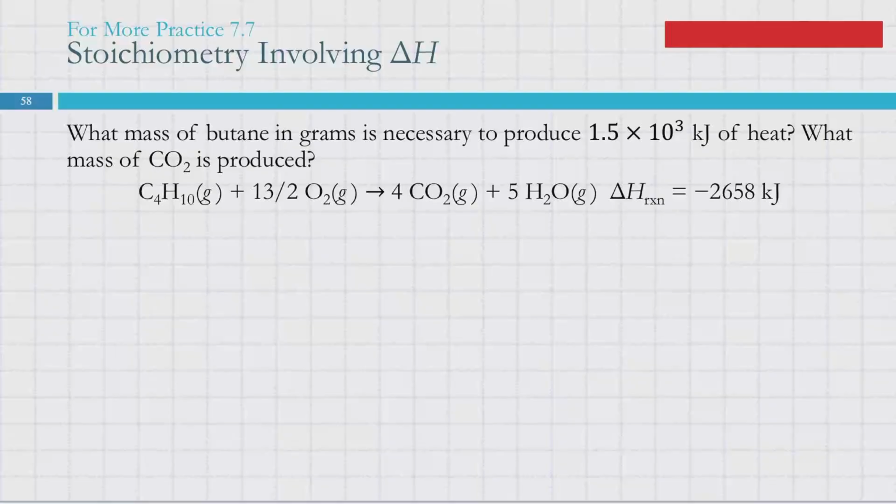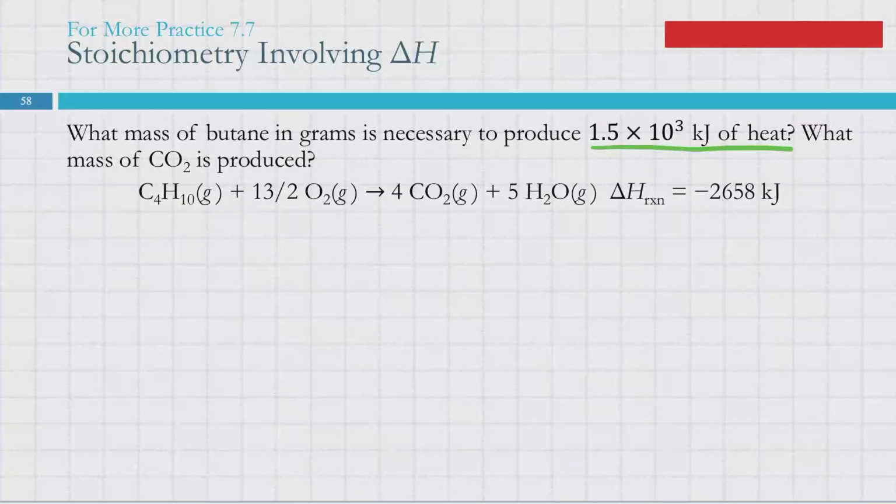Let's do it in the opposite direction. What mass of butane in grams is necessary to produce this amount of kilojoules of heat, and also what mass of CO2 is produced? What are we given? What's our starting point? 1.5 times 10 to the 3 kilojoules of heat is what we're starting with, because that's what we were given a number for.